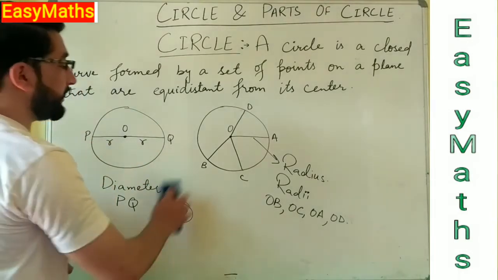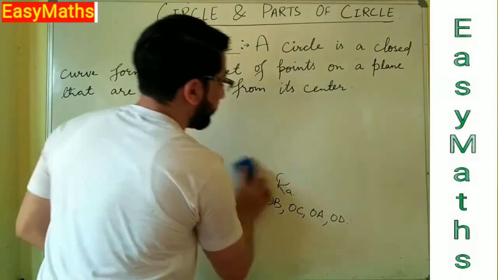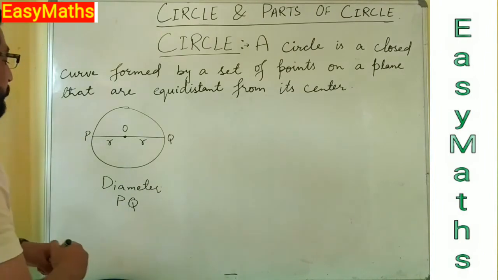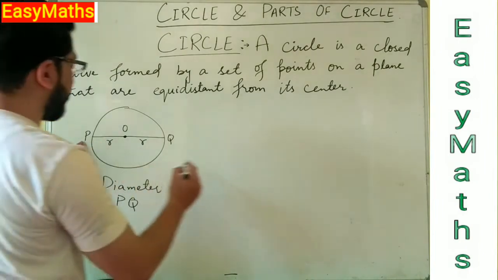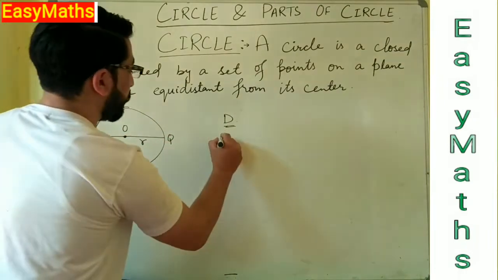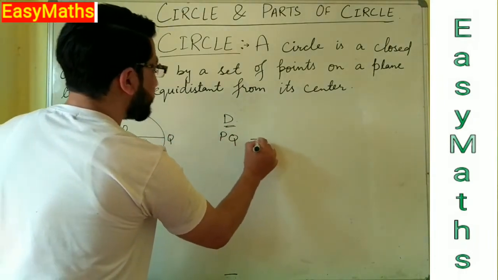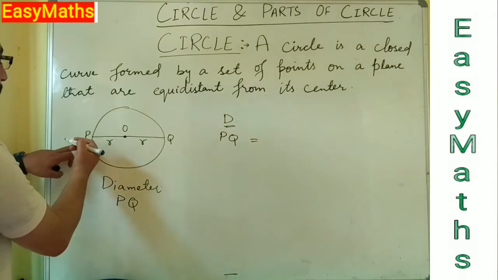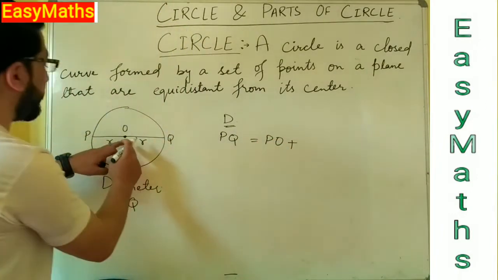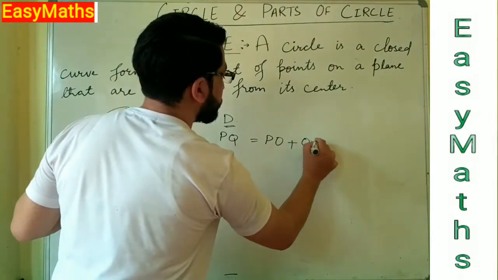Students, moving forward, remember how we name and write radius. Here, if you look carefully, this diameter PQ is equal to radius PO plus another radius OQ.